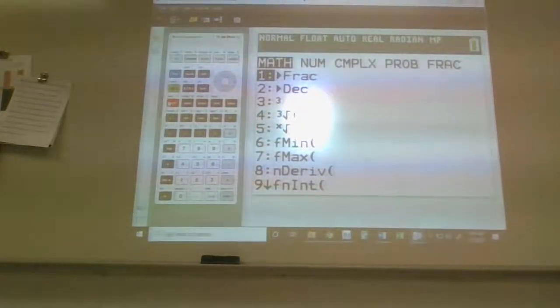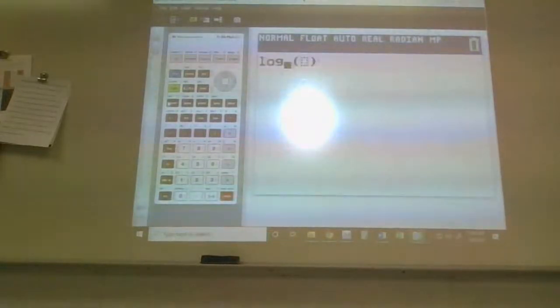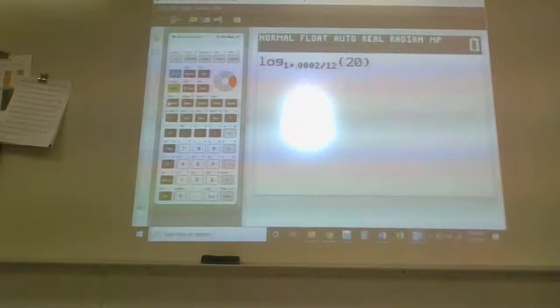I'm going to go to option A, which is log base. And I'm going to type in exactly as I see it. 1 plus 0.0002 divided by 12. There is my base. 20 goes in the parentheses. And I get that number.